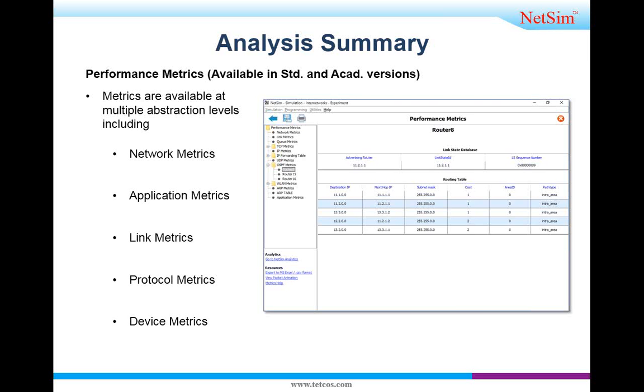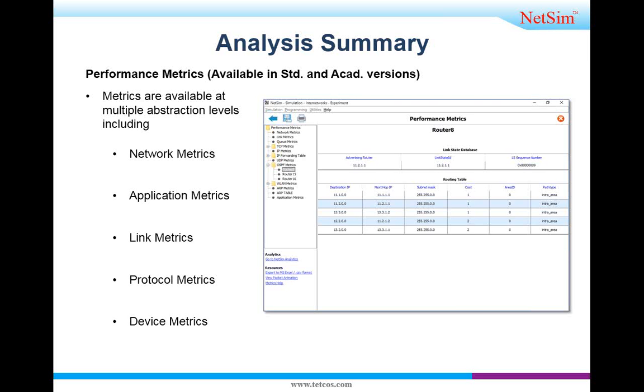Now, network metrics allows the user to view the values of the metrics obtained based on the overall network. And application metrics displays the various metrics based on the application running in the network scenario like throughput, delay, and many more. And link metrics displays the values of the metrics related to each link like packets transmitted, packets errored, and collided. Okay.